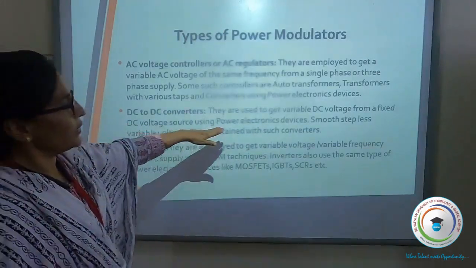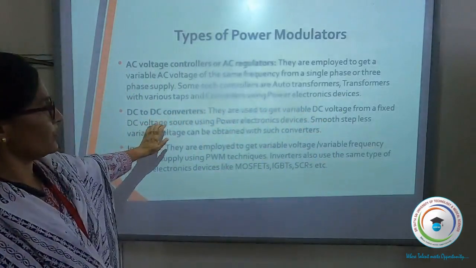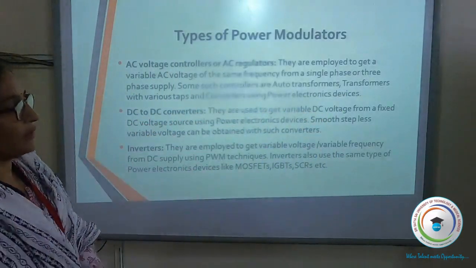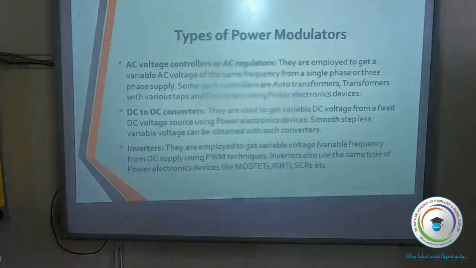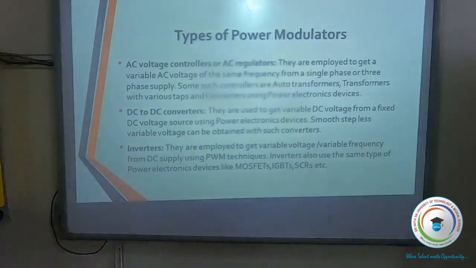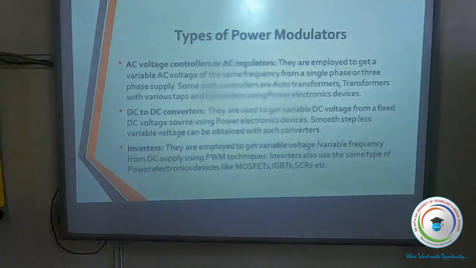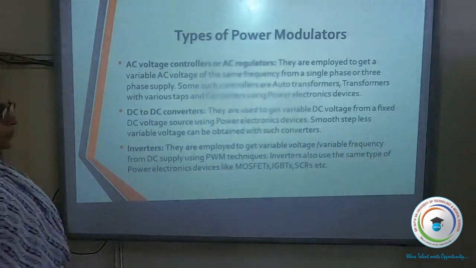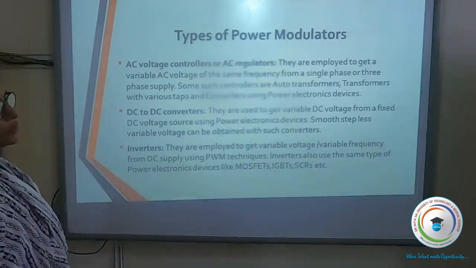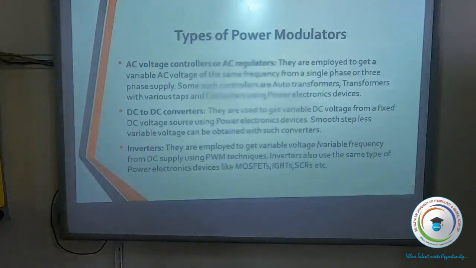They are used to get a variable DC voltage from a fixed DC voltage using power electronic devices, so that a smooth stepless variable voltage can be obtained. Right? Now next, inverters. It is also a type of converter, used to get variable voltage or variable frequency from a DC supply using the pulse width modulation technique.